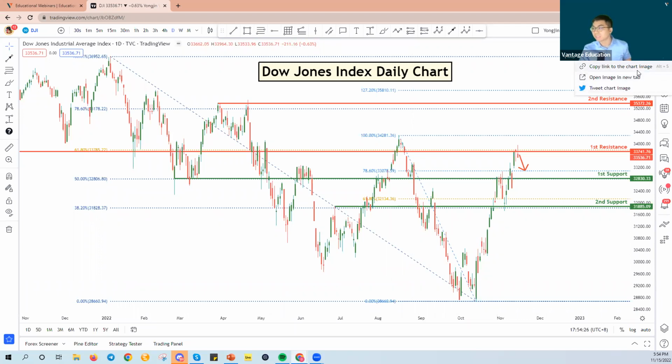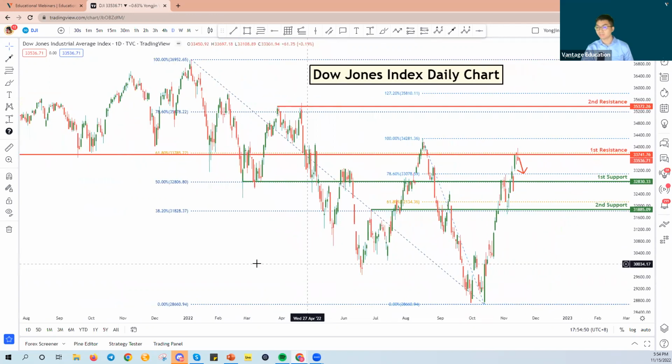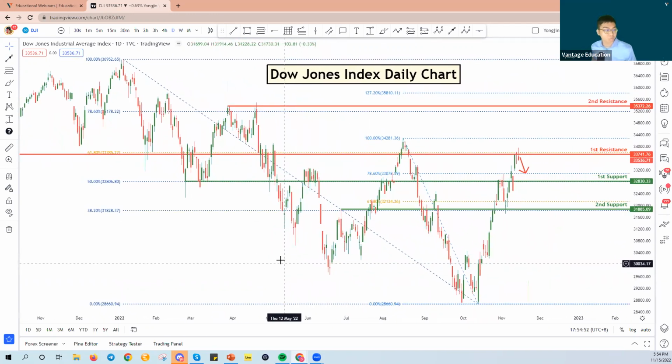I'm just trying to make it simple to understand with the use of Fibonacci extensions, Fibonacci lines. So yeah, there we have it. Any more currencies that you want me to take a look at before I end this session? Do let me know any more currencies, any more questions, especially.